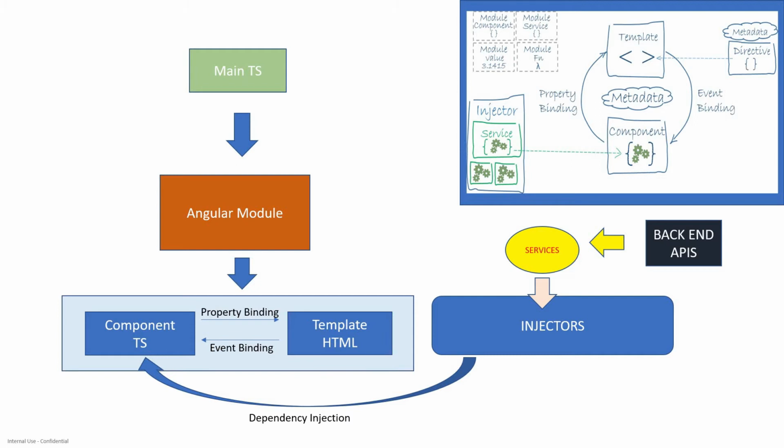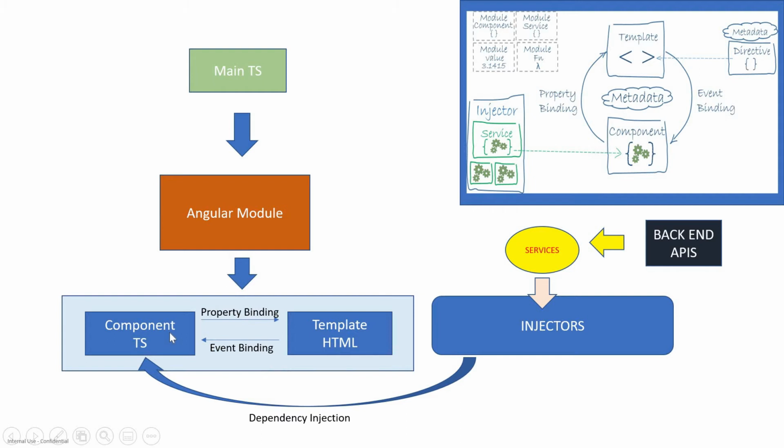Now when a user wants to interact, say click on a button, the event binding will take place, and it will come back to the TS, and manipulation will happen again. Again through the injectors, it will pull some other service and do the task.